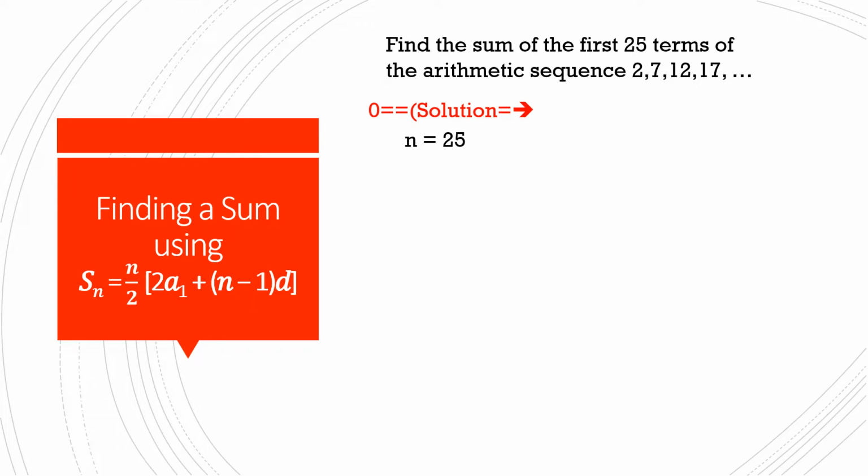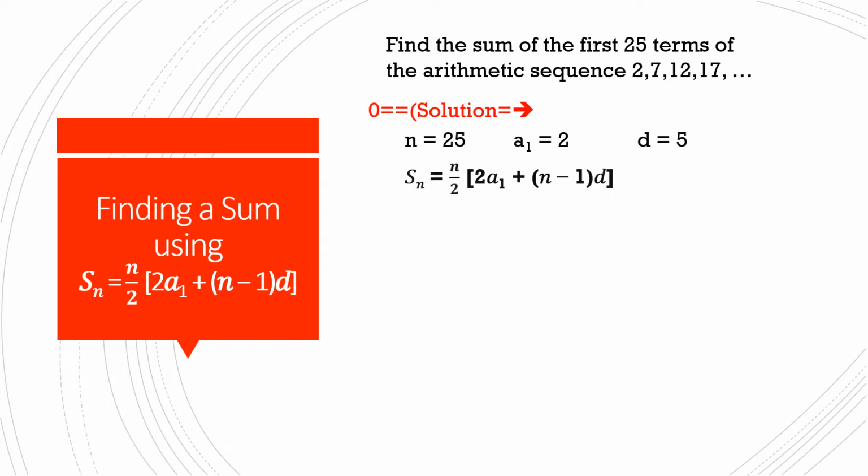From the problem, our number of terms is equal to 25. That is why we have n equals 25. The next one is the first term, which is equal to 2. And the other one is the common difference, that is 7 minus 2, which is equal to 5.